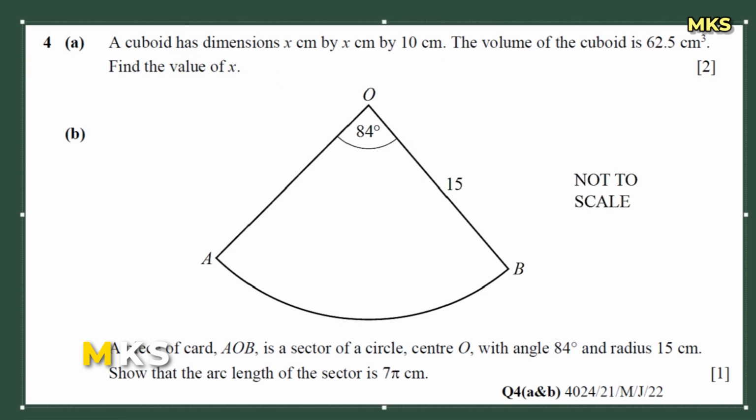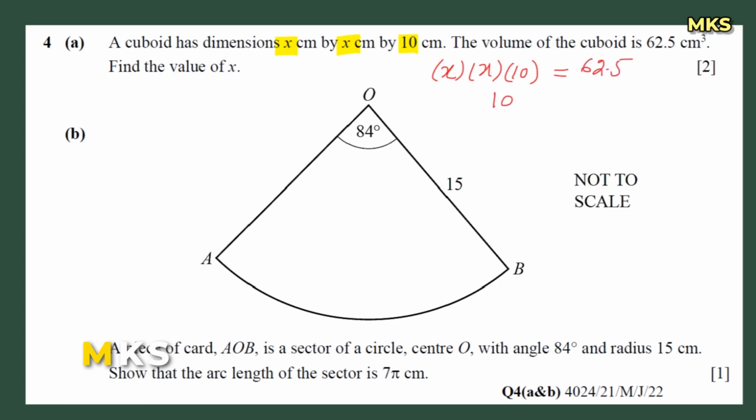So here we are given the dimensions of that cuboid. They are x by 10, meaning length is x, breadth is x, and the height is 10. So volume is equal to length times breadth times height, and it is given that this is equal to 62.5.